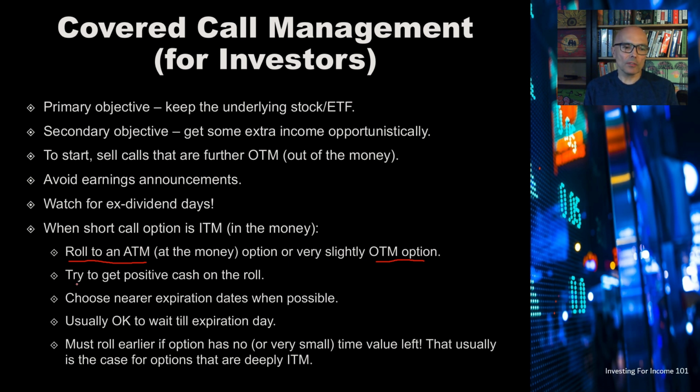Always try to get a positive cash on the roll, try to get some credit into your account, but it's not always possible. So sometimes, especially if the stock moves very fast in a short amount of time, you may actually need to put some cash into the trade.